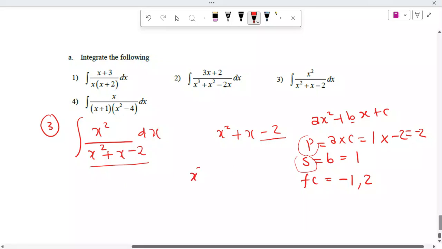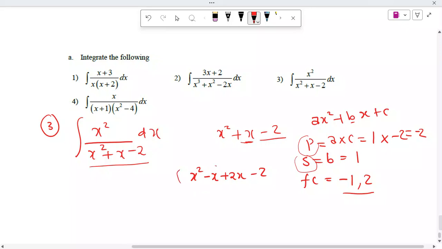We remove the middle term and substitute these factors: x squared, since you can't write negative 1x, then plus 2x minus 2.